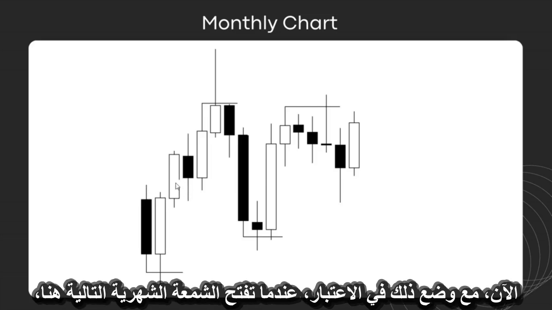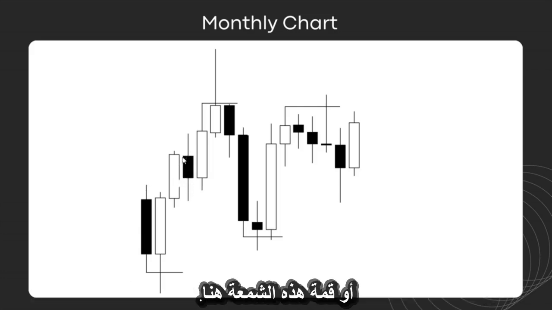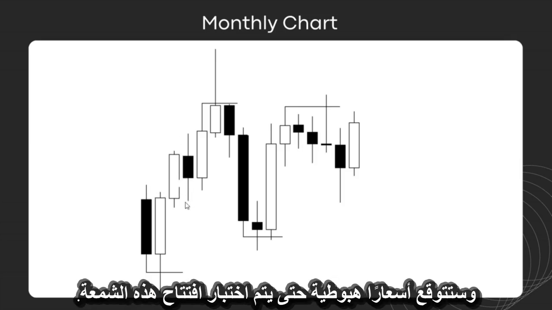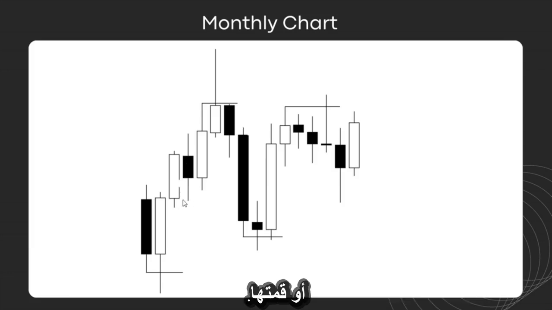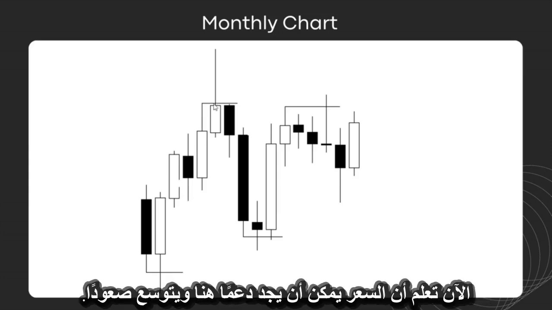Keeping that in mind, when the next monthly candle opens here, what you would be expecting is for price to first of all retrace to the open or the high of this candle. So your directional bias for the first half of the month would be bearish, and you would be expecting bearish prices until this candle's open or high is tested, and then your directional bias would again become bullish, because now you know that price can find support here and expand higher.